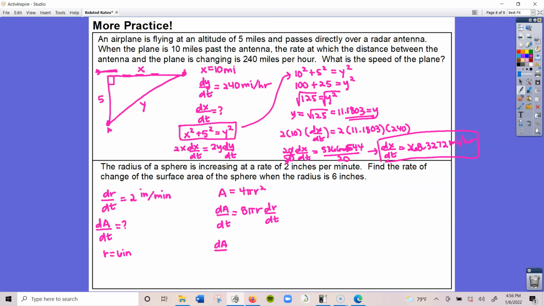So dA/dt is equal to 8 pi times the radius, which is 6, times dr/dt, which is 2. 8 pi times 6 is 48 pi, times 2 is 96 pi. So that was it for this one. And our units here would be inches squared per minute.